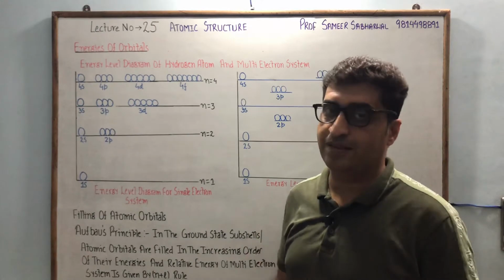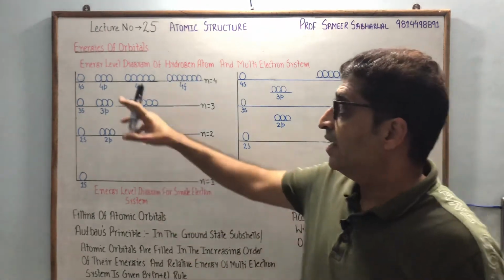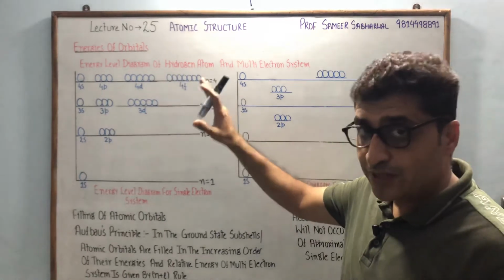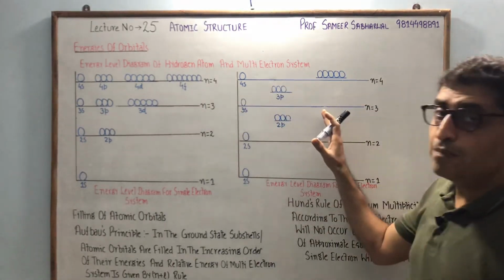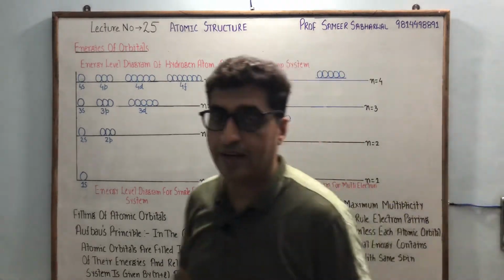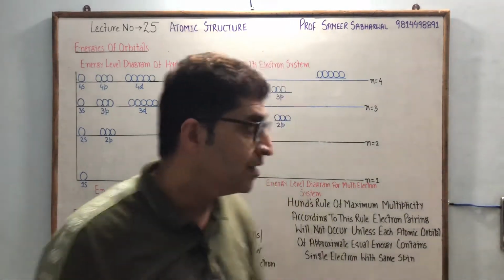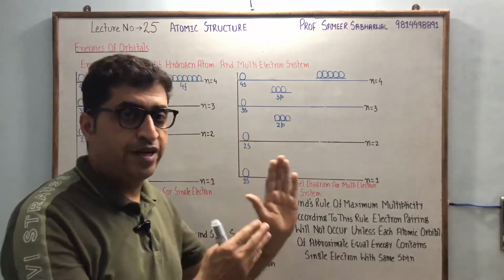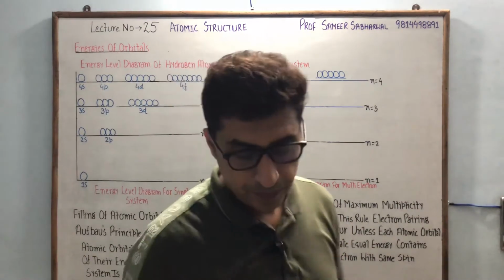Energies of orbitals, and this is the energy level diagram of hydrogen atom and multi-electron system. So I have drawn two energy level diagrams, one for hydrogen atom and the second one for multi-electron system, just to differentiate these two things.